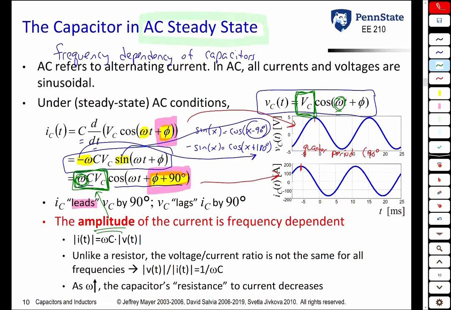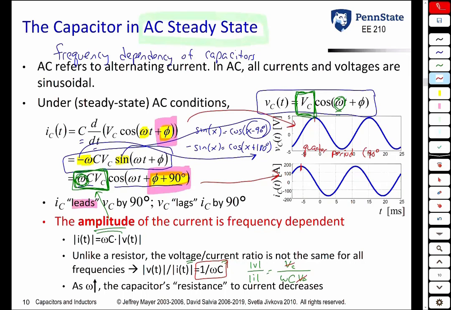What that means is if you took a ratio of voltage magnitude to current magnitude, voltage magnitude is VC, current magnitude is omega times C times VC. These cancel, and you get 1 over omega C.